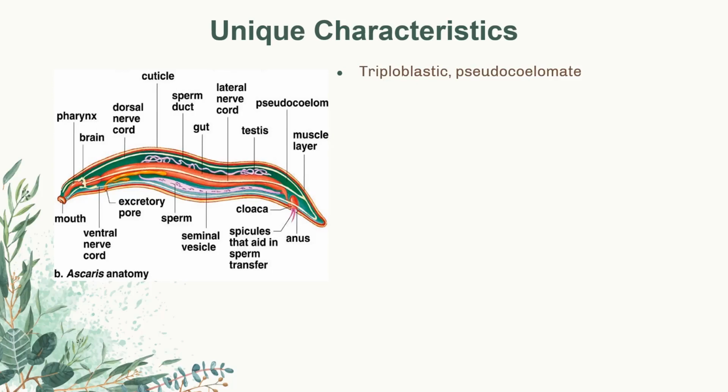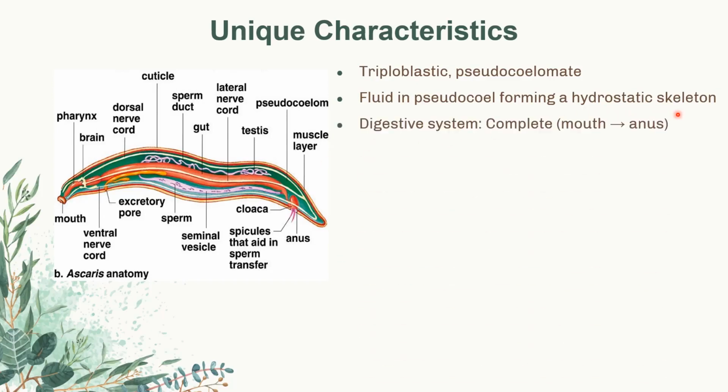They are also pseudocoelomate, meaning they have a coelom, however the coelom is not lined by the mesoderm. The fluid in the pseudocoel, which in the diagram is part of the green layer, forms a hydrostatic skeleton.